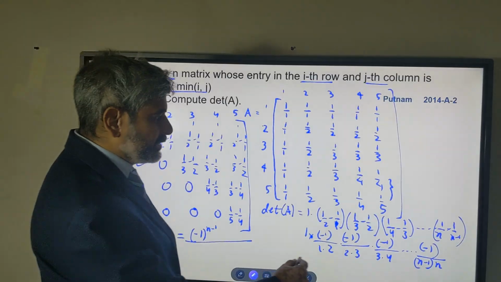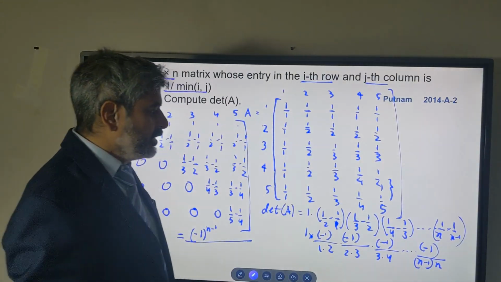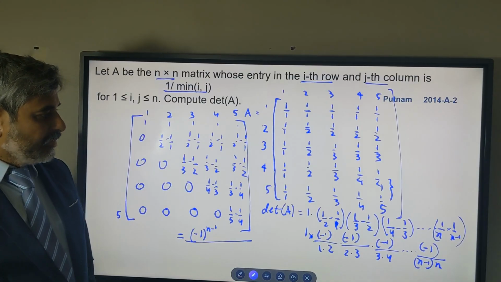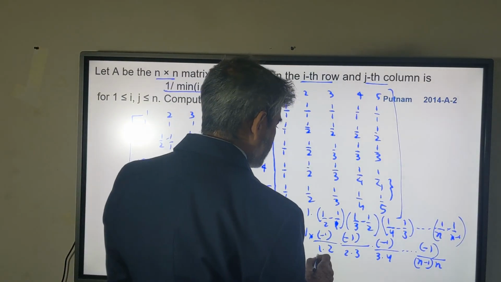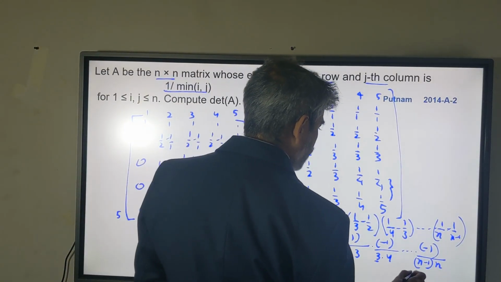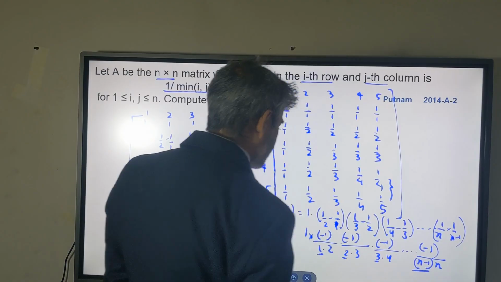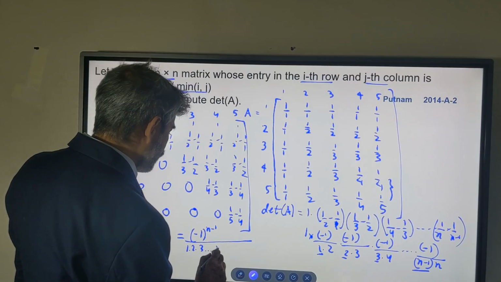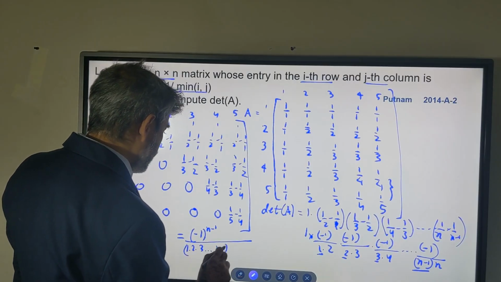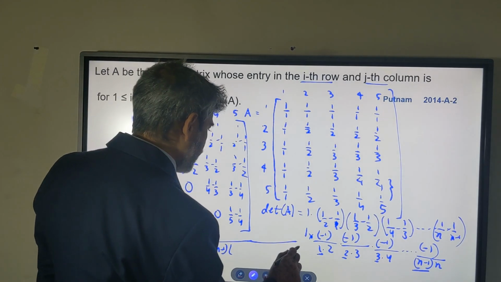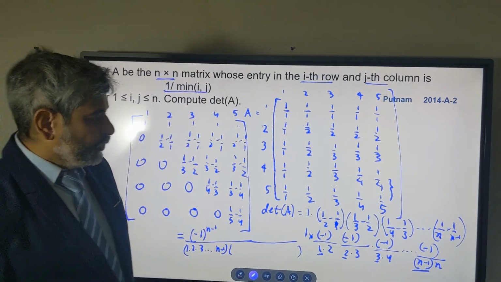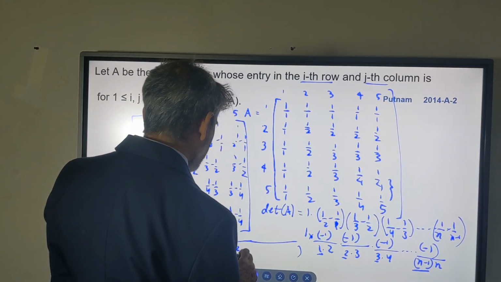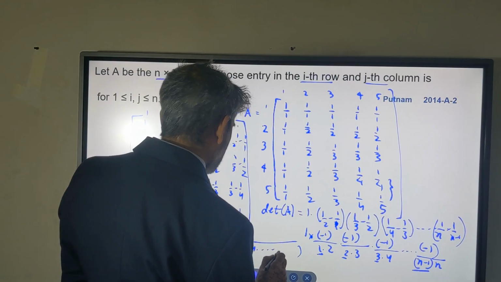This is a nice pattern, and the way to write it in a simplified form is to collect these things 1, 2, 3 all the way to n minus 1. So I write 1 into 2 into 3 into n minus 1, and then multiply it by 2 into 3 into 4 all the way up to n.